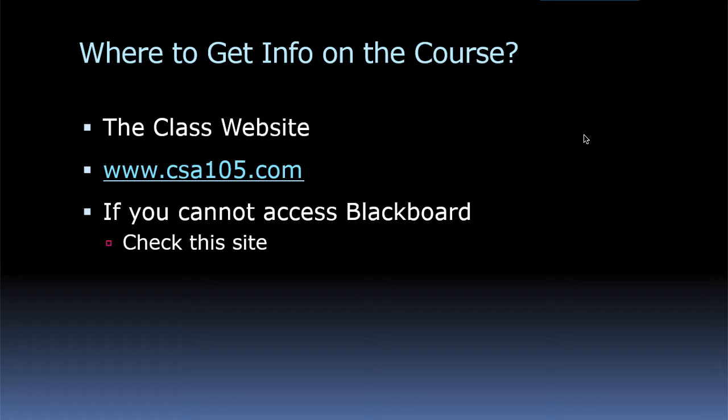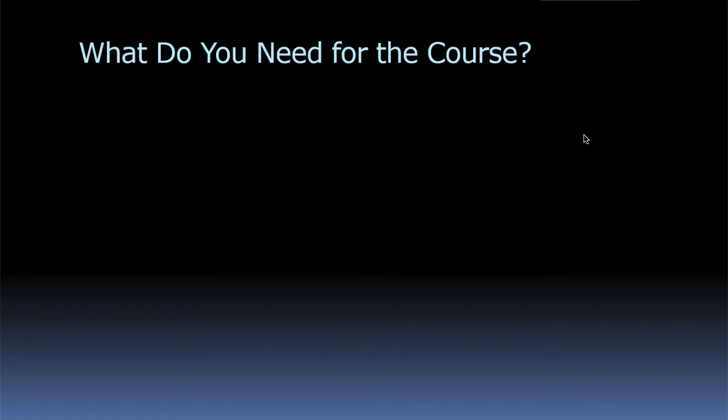There's no password required. You can just type in CSA105.com on your browser. It goes right in there and you can get information. So especially for the first few weeks, I'll put everything out there. So in case you can't get into Blackboard, you can still get into this site and get the information you need. Okay, later on, we'll probably be doing mostly work on Blackboard.